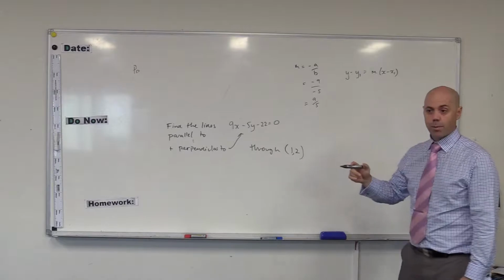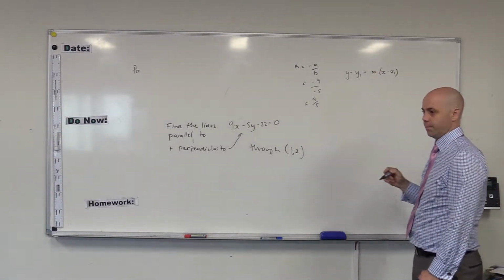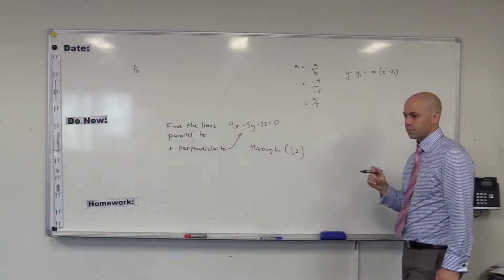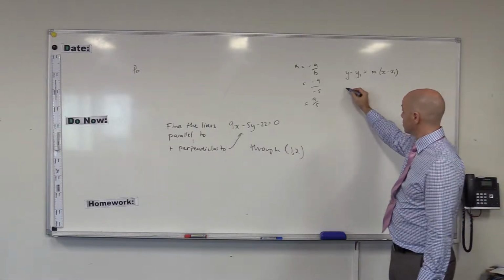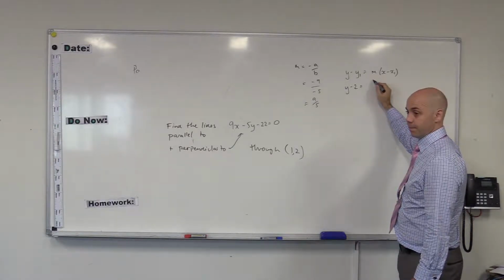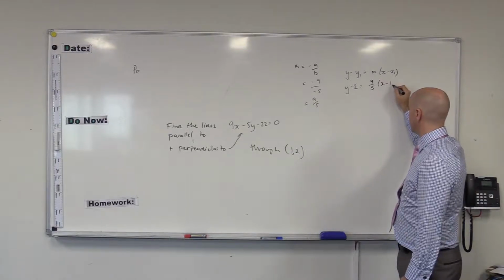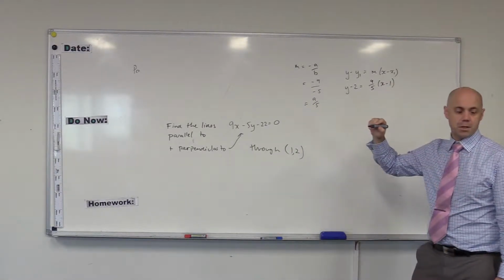Okay, so we plug it in. What am I writing? y minus 2 equals m, which is 9/5, and then brackets x minus 1. Awesome. What's my next step?